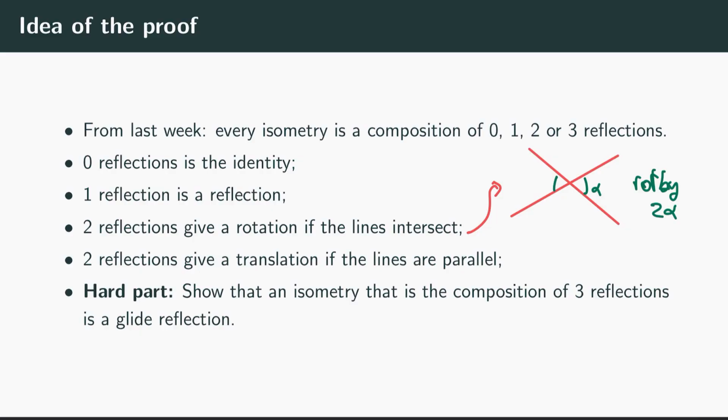So there's some work involved where you can take any three lines in the plane, and the composition of those three reflections, you maneuver it so that you can fix it to make two parallel lines and one that's perpendicular to both of them. That's the hard part of this theorem, and it's something you can go and figure out with a bit of work. But we're not going to do that.